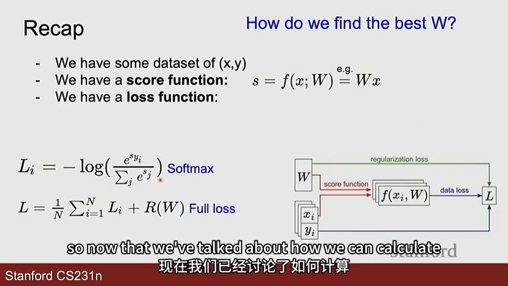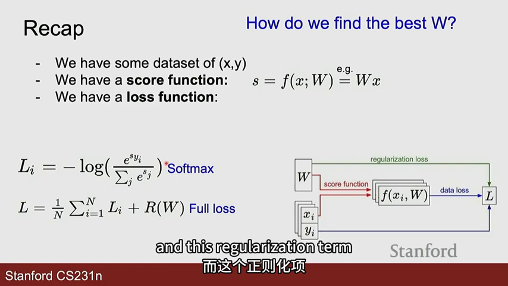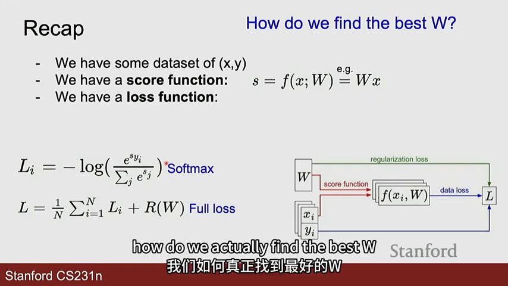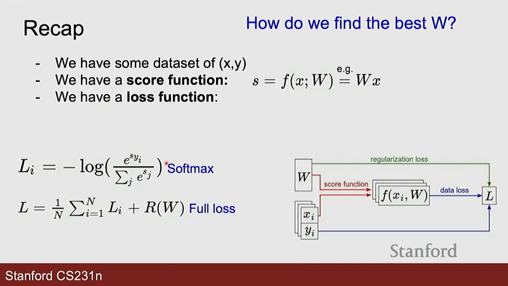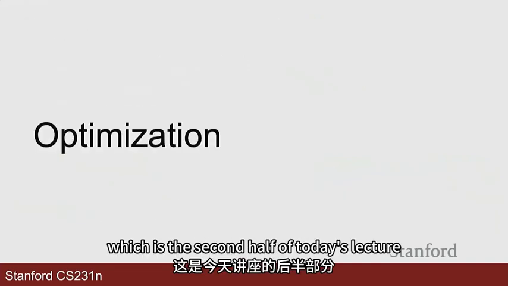Cool. So now that we've talked about how we can calculate how good a given W is based on the training data and this regularization term, the question now is, how do we actually find the best W? This is what optimization is, which is the second half of today's lecture.